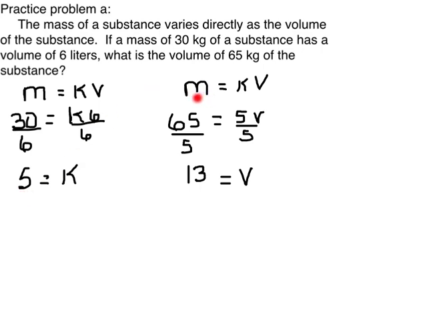All right, now we're going to change the mass from 30 to 65, and we're going to put in our constant of 5, and we're trying to solve for the volume. When we do, we need to divide both sides by 5, and then we find that 65 divided by 5 is 13, so the volume then would be 13 liters.